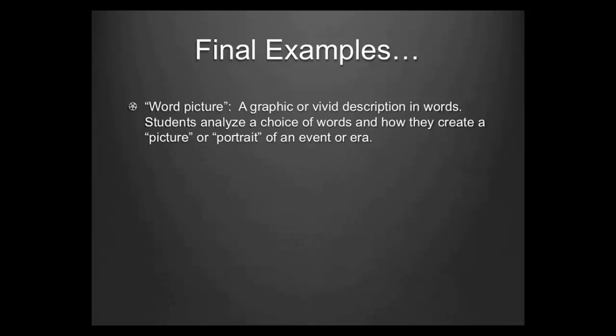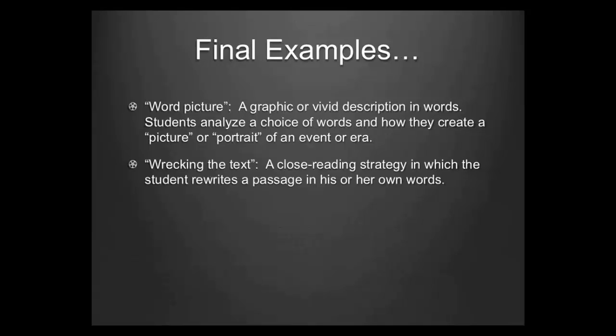She paints a very vivid word picture about what happened that day in Dallas. She tries to help the kids understand what that was like, knowing they weren't eyewitnesses. She was. I was. Then the last one is what you would call rewriting the text, where the student looks at a passage and rewrites that passage in his or her own words.